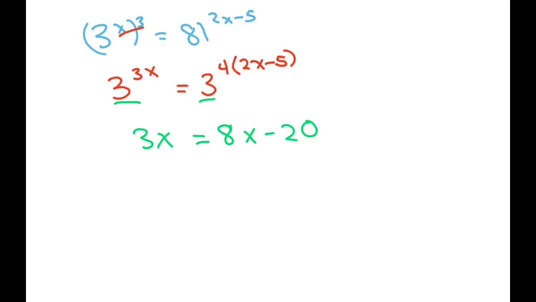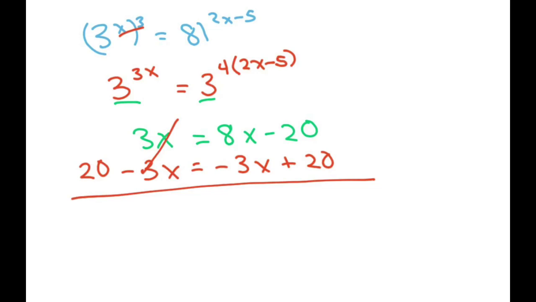I'm going to go ahead and subtract 3x from both sides and add 20 to both sides. Let's put 20 over here. So basically, this cancels, and this cancels. So you're going to get 20 equals 5x. So x equals 4.